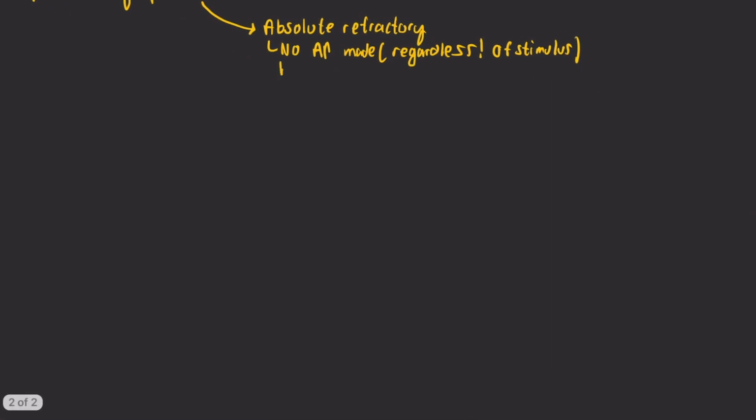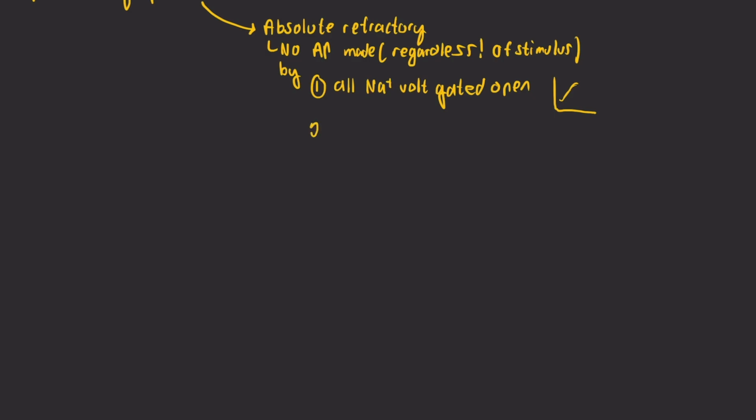Now, this is because either, let's say, all the sodium voltage gated channels are open, and this generally occurs when we have the depolarization, right? And it's reaching that peak potential. All the sodium voltage gated channels are open, and there's no more that we can open. That is an absolute refractory period.